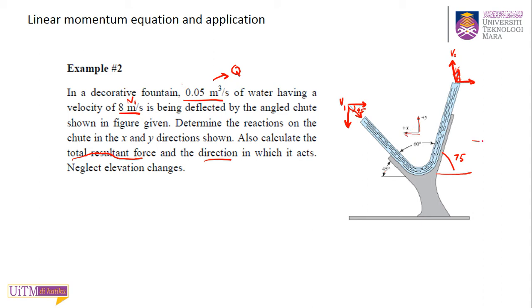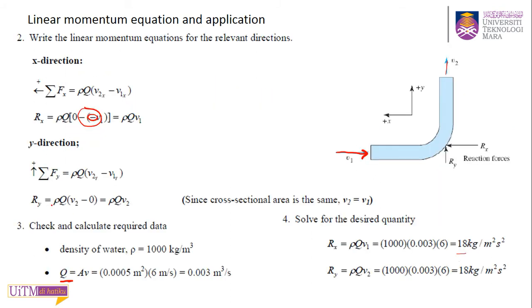Whether you think your reaction force in X is acting to the right, so you label Rx to the right. Or in Y, maybe you think your Y is downward, that is fine. But when you calculate this, you will get your value is negative. You will get this when you calculate.